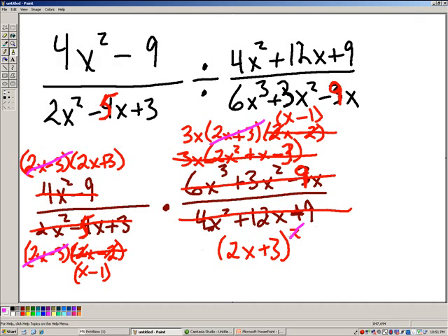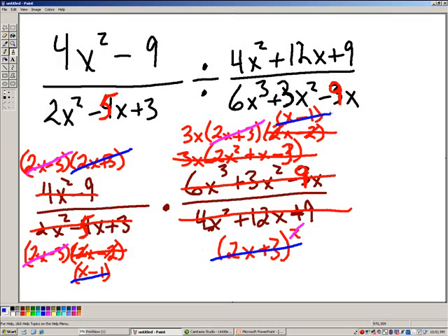So now I only have 1 of them. That's kind of a shorthand for canceling, and it's perfectly reasonable, perfectly legal. But we have to continue canceling because we have a common factor 2x plus 3 and 2x plus 3 going like that, and we have the common x minus 1 and x minus 1.